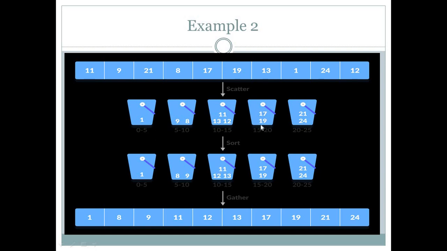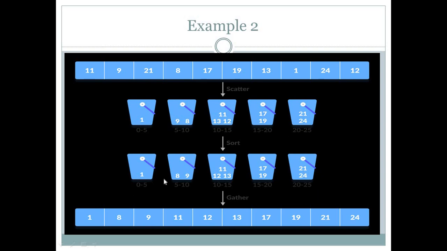In this bucket it becomes 17 and 19, same as earlier. In the last bucket it will be 21 and 24, already sorted, so no swappings here.